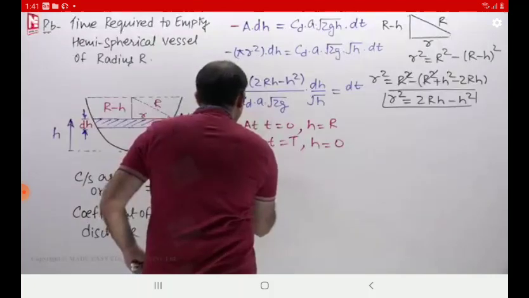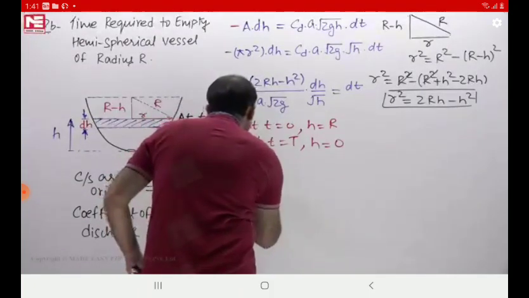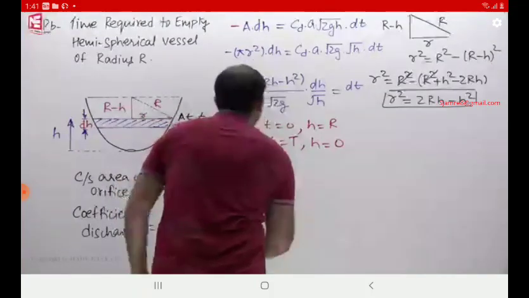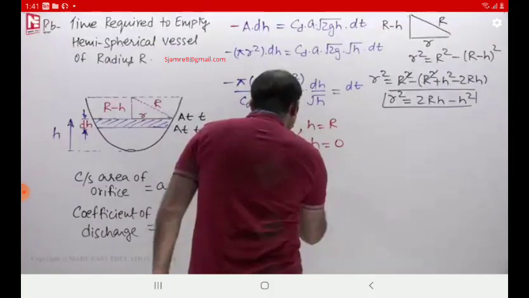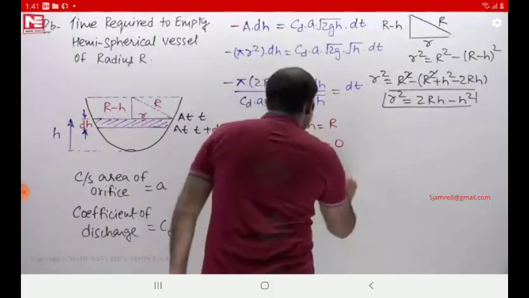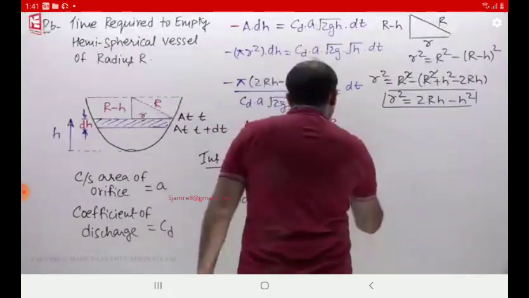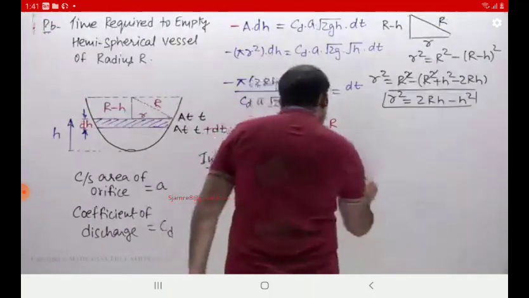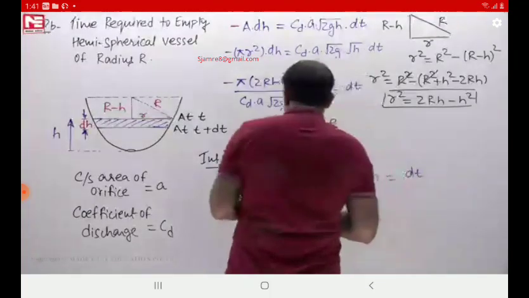So this is minus pi upon CD multiplied by A multiplied by root of g, this is 2rh upon root of h minus h square upon root of h, dh is equal to dt.